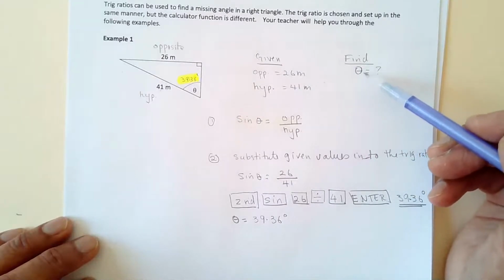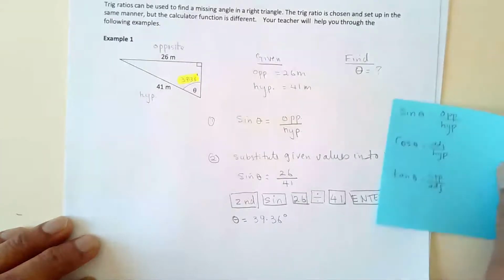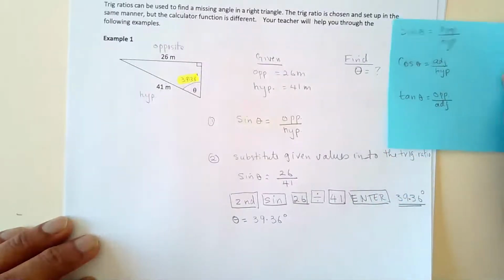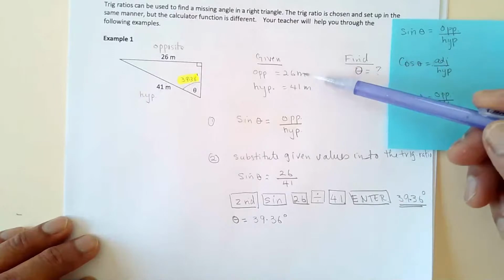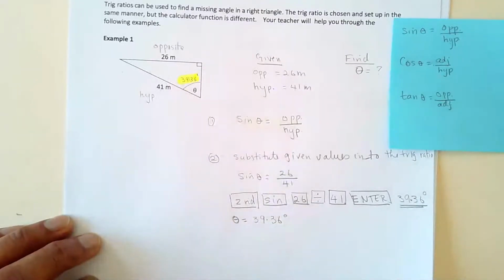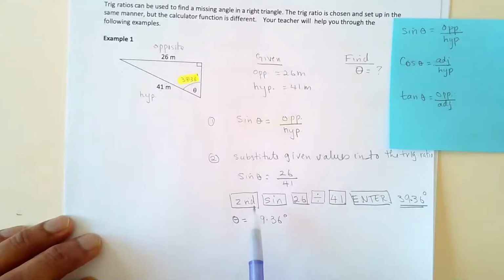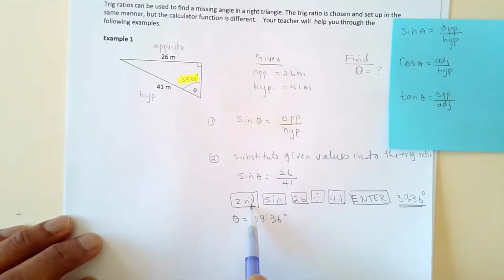Then we go to our trig ratios to find where what's given matches one of these trig ratios. And they should match, as there are only 2 sides given, and you label it correctly. Then you use your calculator, and you always go to your second button on your calculator to find your angle.